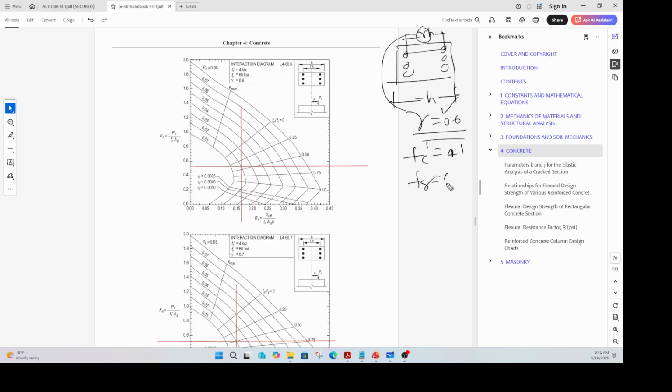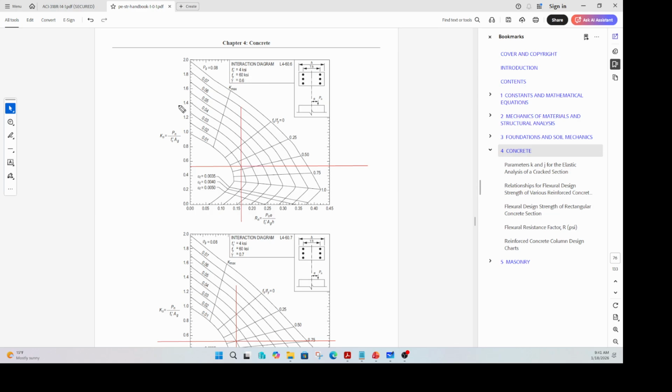and the steel you are using is 60 ksi steel, okay. If those parameters match, then here is an appropriate curve, because this curve has a gamma of 0.6, fy of 60, and fc prime of 4 ksi. Okay. Now let's talk about the curve a little bit. There are two non-dimensional terms, one on the y-axis, one on the x-axis.